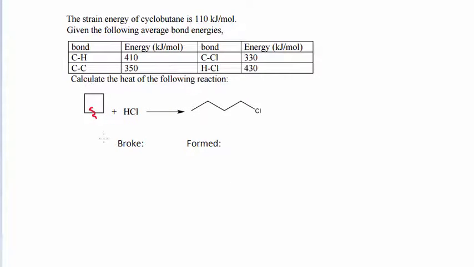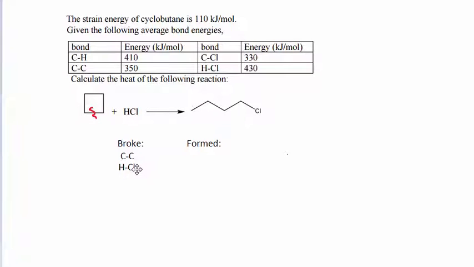So we go from a closed chain molecule, or a cyclic molecule, to one that's open chain. So this bond is broken, so we say that a carbon-carbon bond was broken. Okay, well, we also don't see an HCl bond in our product, so we know that this HCl bond was broken.